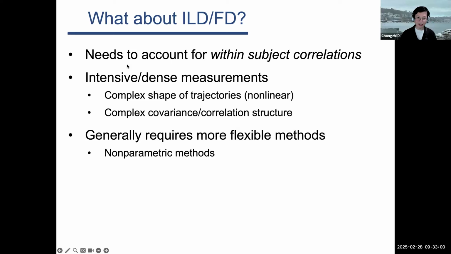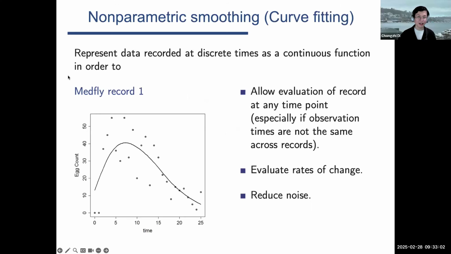Okay, so if not, then I'll continue to the next part, which is nonparametric smoothing, or you can think of that as curve fitting. This is the part where the focus is looking at each individual. As I mentioned before, even for one individual, you have very dense measurements.